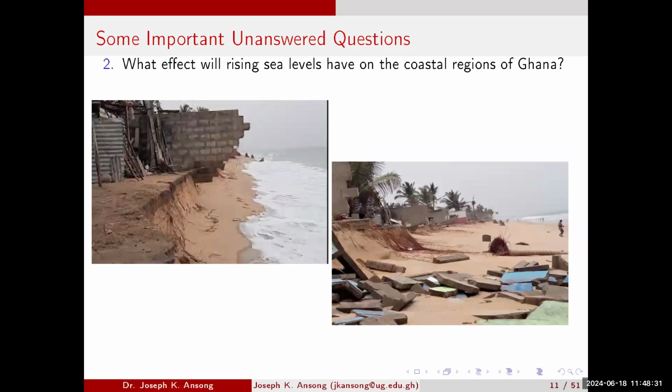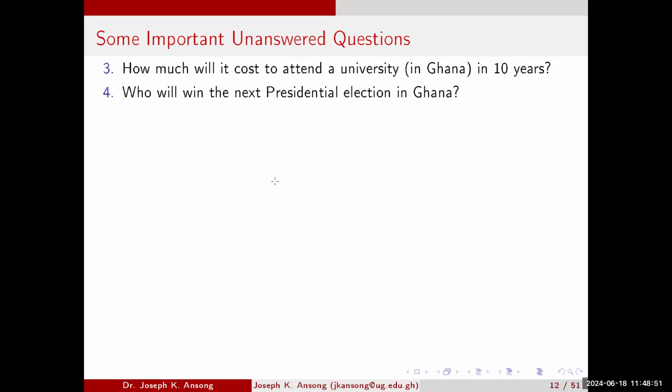Okay, do we have answers to this? How do we address these challenges? Are we able to predict the storms that are coming, the waves, their height and their intensity, to be able to put measures in place to stop these things from happening? So these are all important questions for governments, different countries.